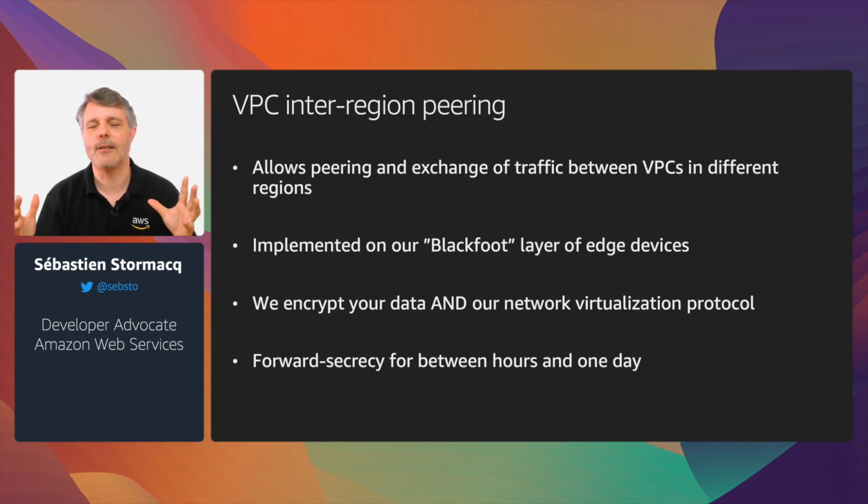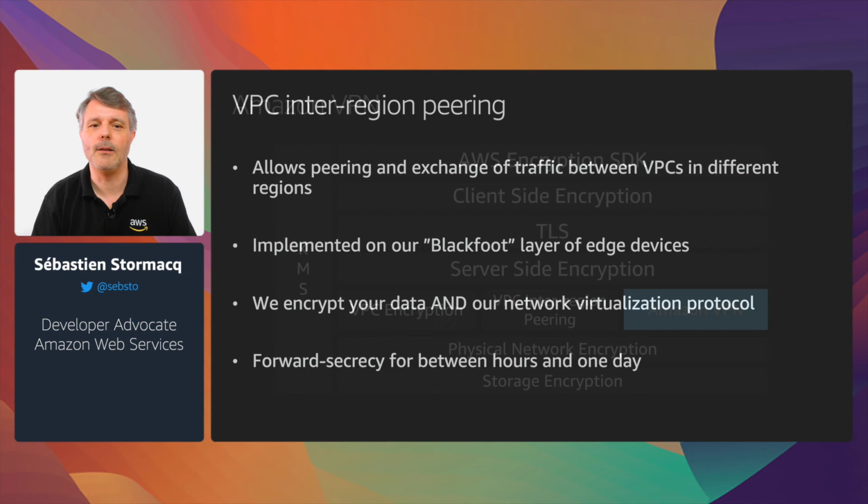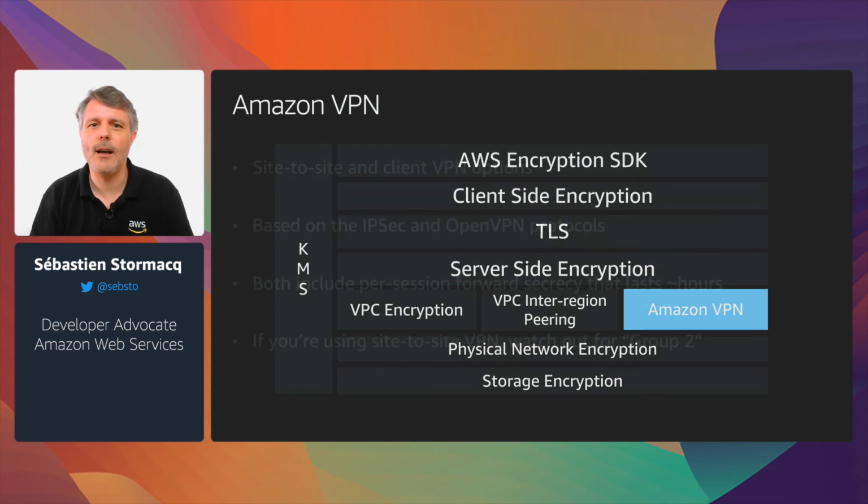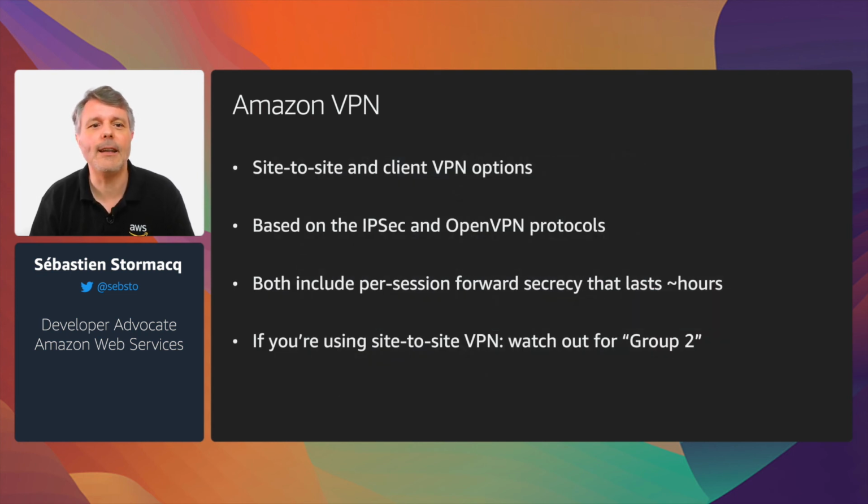It's the edge device that takes care of the communication between the regions. So even if the traffic is going through our backbone, and all the inter-region traffic is going through our backbone except for China, we do encrypt the data between the regions as well. If you are using Amazon VPN services, you are going to encrypt your data link as well.